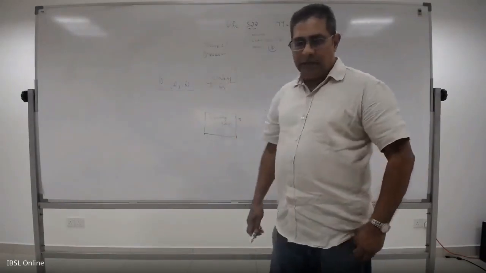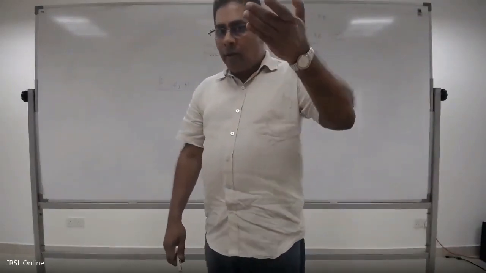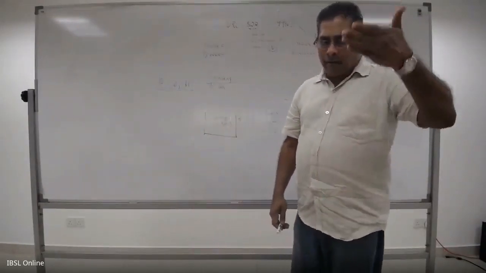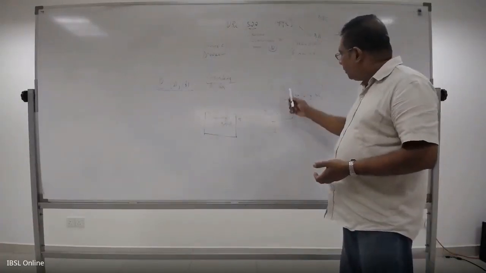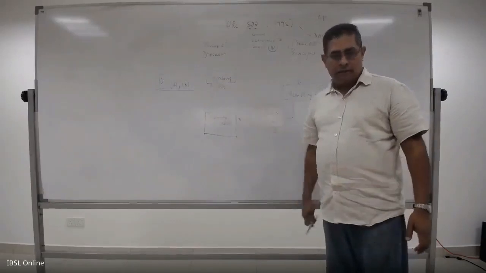Next one, collecting bank. Remember, you have to write according to the order. If you put a numerical order, it should be 1, 2, 3, 4, like that.